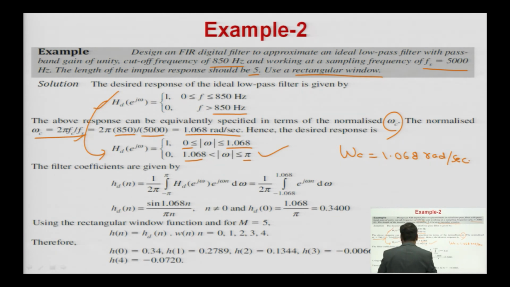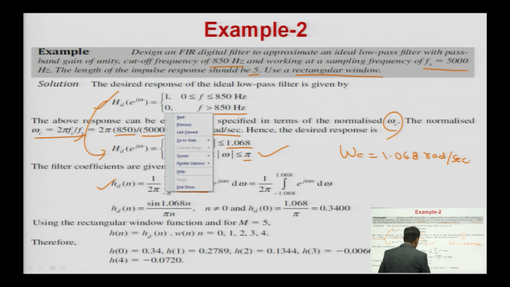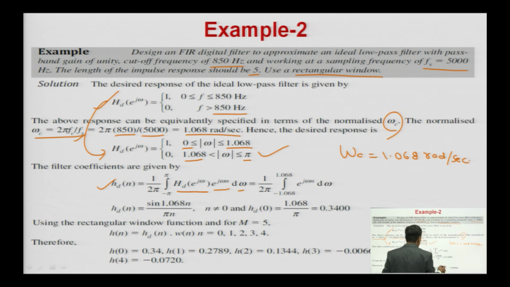And the filter coefficient formula is the same here. H d n is equal to 1 upon 2 pi integration from minus pi to pi H d E j omega into e to the power j omega n d omega. Now, you are taking the limit. So, your frequency range is minus 1.068 to plus 1.068 into e to the power j omega n d omega, because its value in this duration is 1.